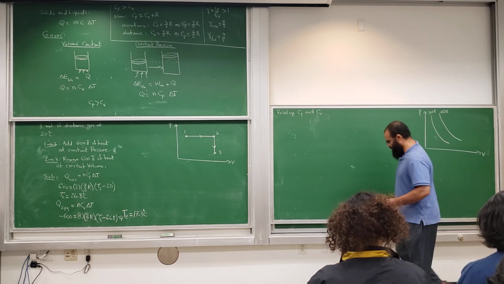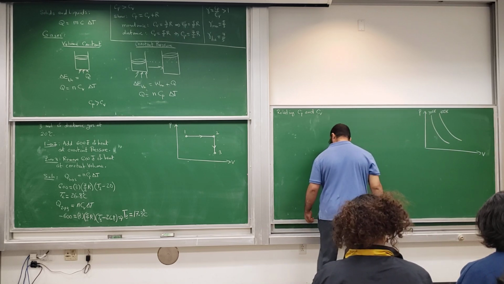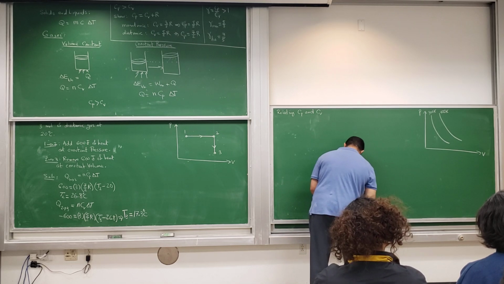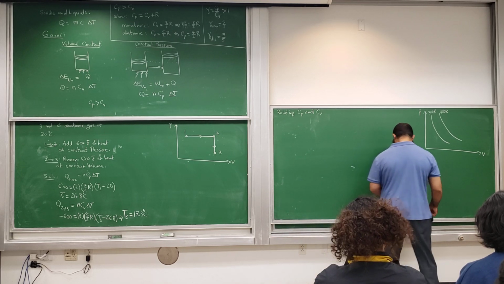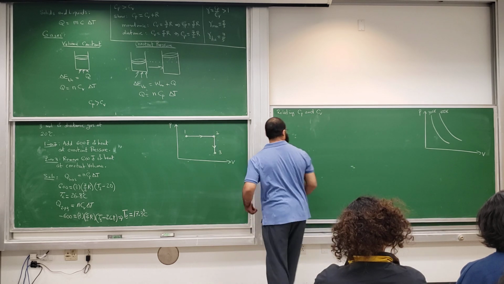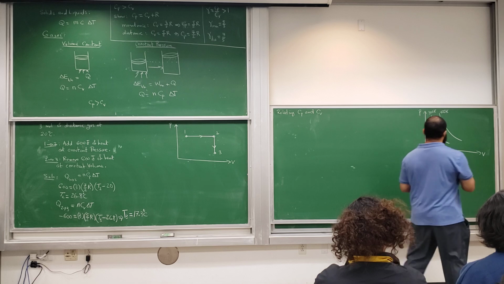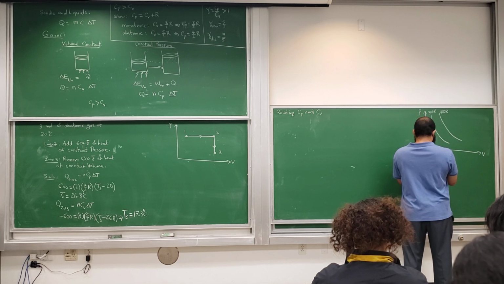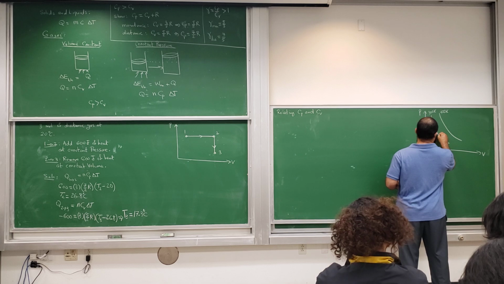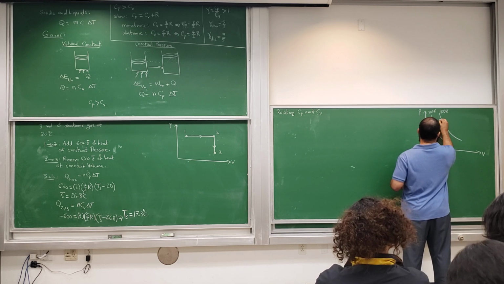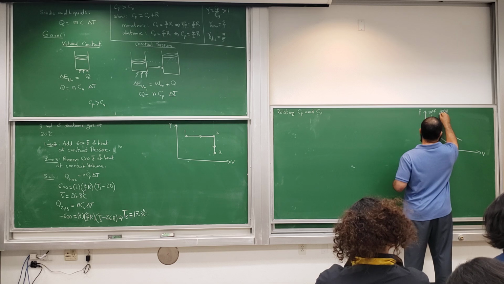And we're going to take the following processes. I'm going to use different colors. Here are the processes. This is initial, and I want to go vertical. This is the final.